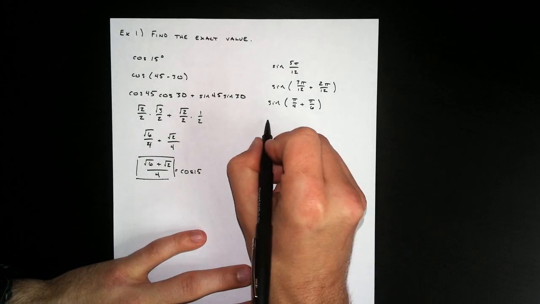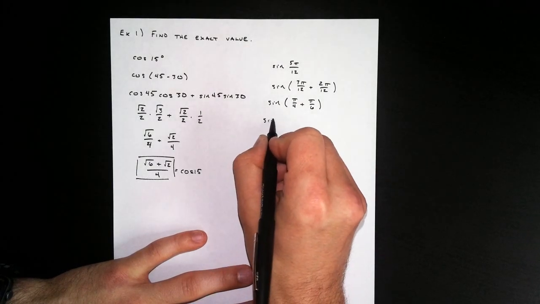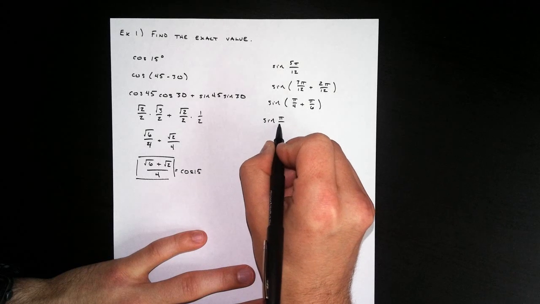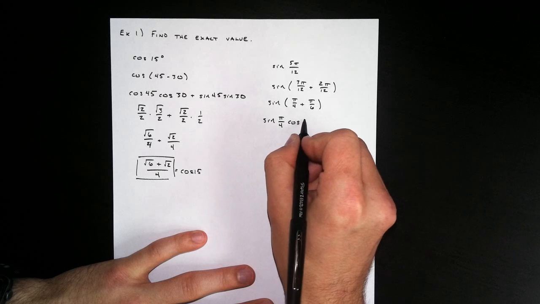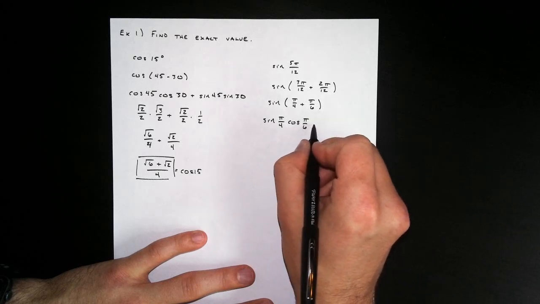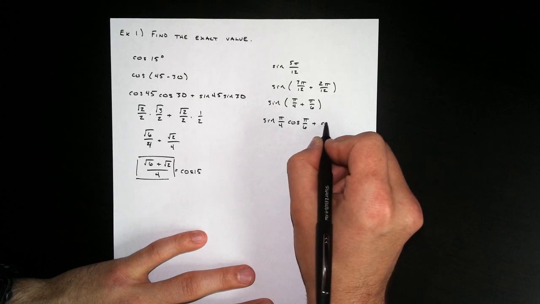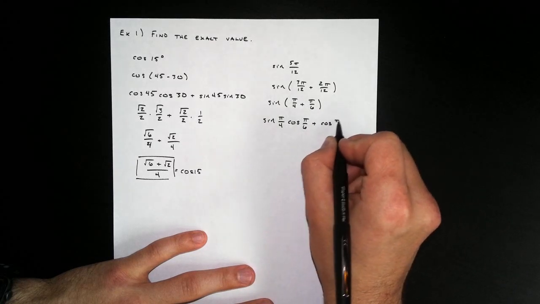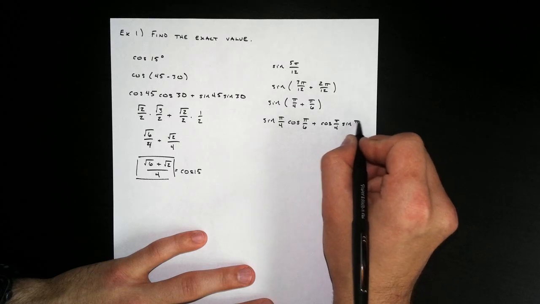So that looks like the sine of alpha, our first angle, the sine of pi over 4, times the cosine of the second angle, and then plus, we flip-flop that, the cosine of the first and the sine of the second.